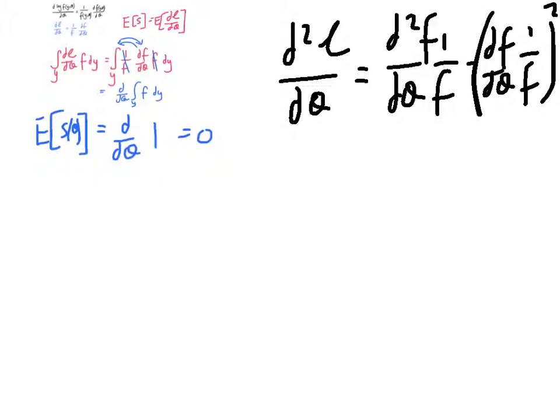So this is the identity that we're going to use, and all we really need to do here is take expectations.